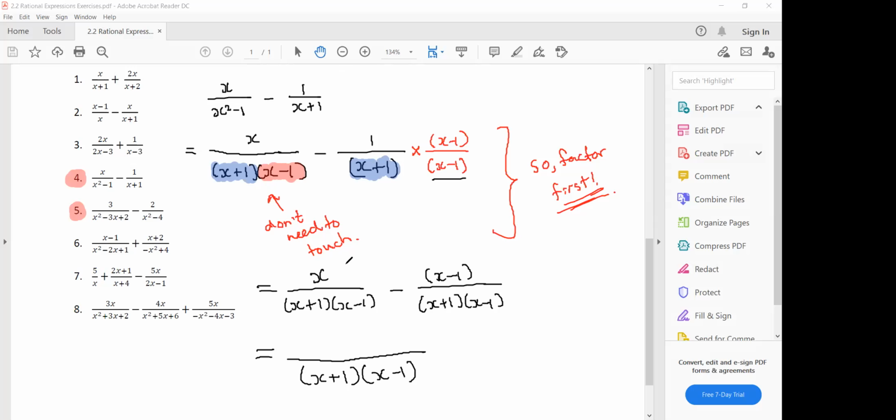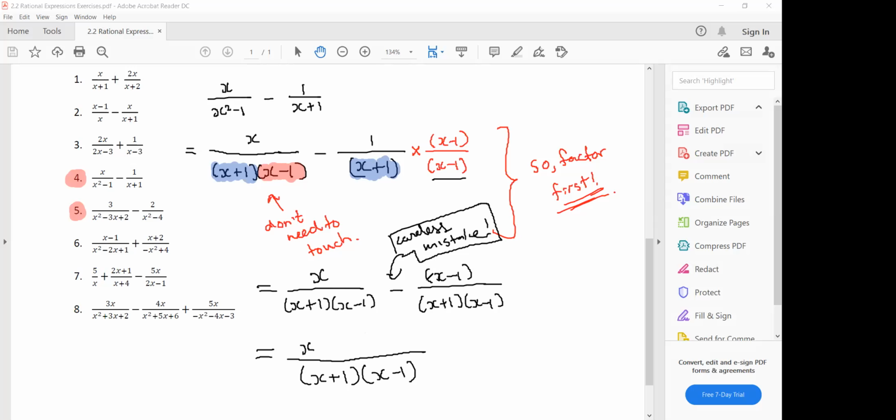All right, following. Now that we have the same denominator, all we have to work with or finish off is the numerator. But please note, this is where a lot of people fall into a potential careless mistake. And what is that? X minus x minus 1.